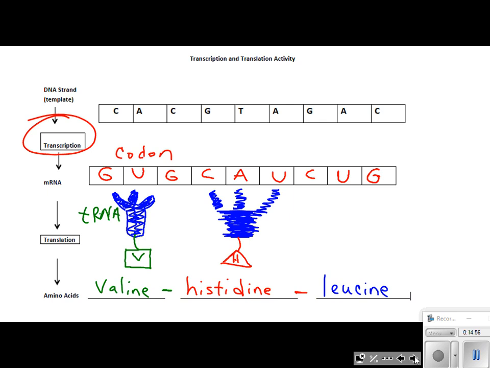Okay, histidine. Then I have a third one, a third tRNA that reads that, and let's say that this is a circle, and it brings along this leucine, right?